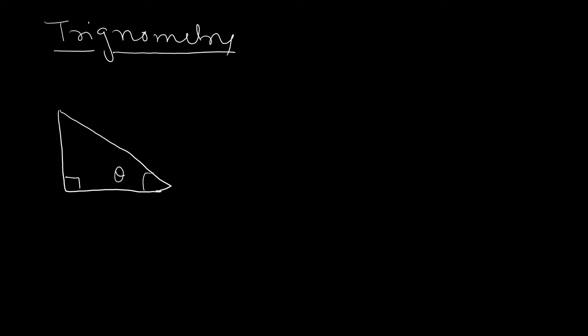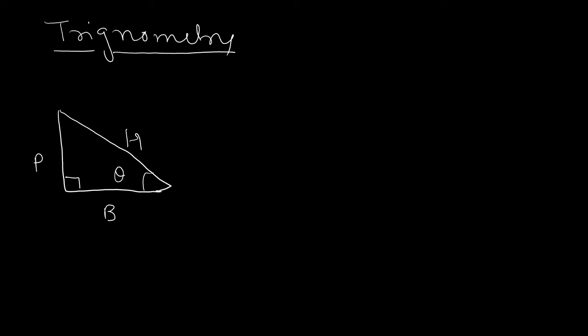So when we take this right angle triangle, this side is basically our base of the triangle, this side is the hypotenuse of the triangle, and this is our perpendicular for this triangle. Now, these are three relations in a triangle, which are sine, cosine, and tangent.